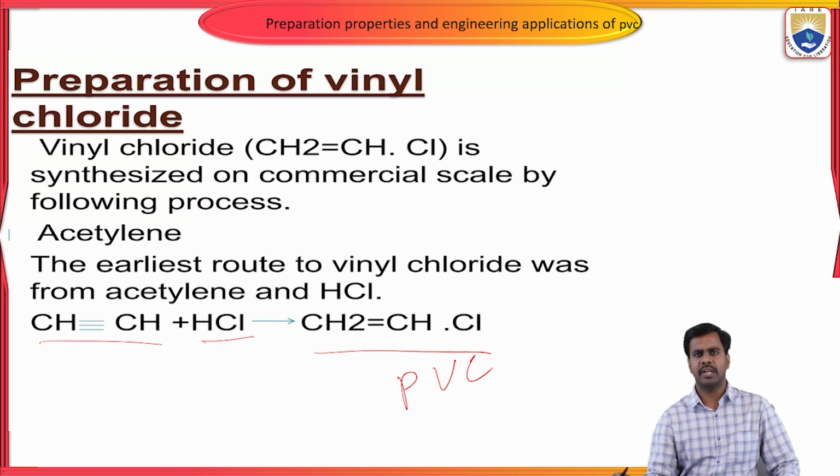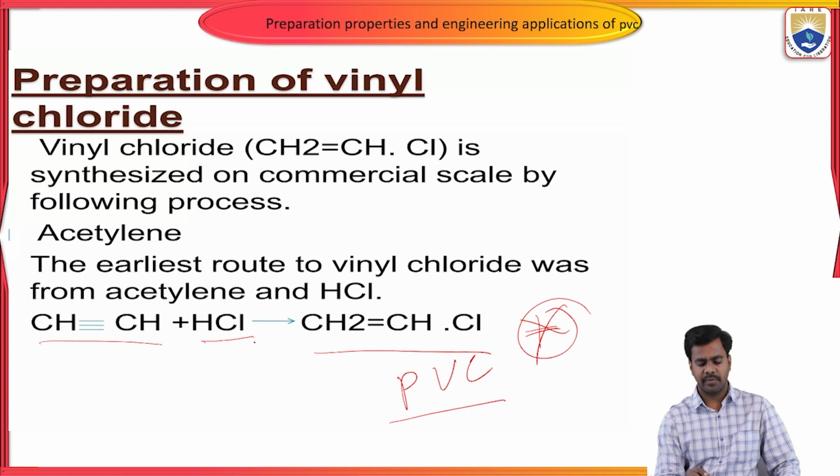So we know what addition polymerization is and what condensation polymerization is. The type of polymerization reaction in which there is no byproduct formation is known as addition polymerization. If you see the synthesis of PVC, there is no byproduct. That's why we can say that it is a type of addition polymerization.